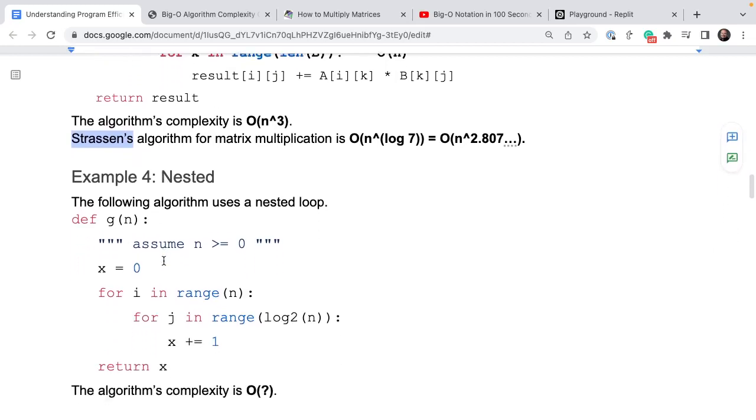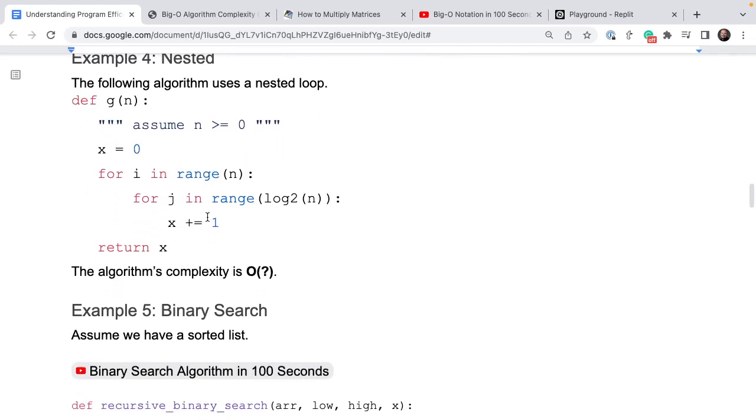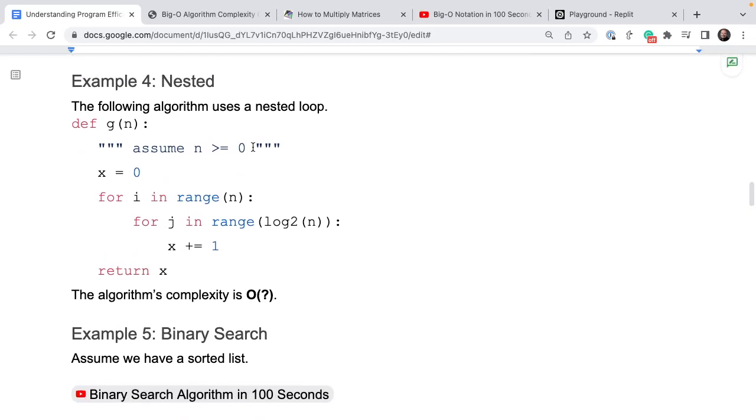Okay, so let's look at another example, speaking of nesting. Let's see if you guys are catching on with what's happening right here. So take a look at this example. It's a very contrived algorithm. G of n takes some non-negative input and it loops up to n, and then it adds essentially from the range.